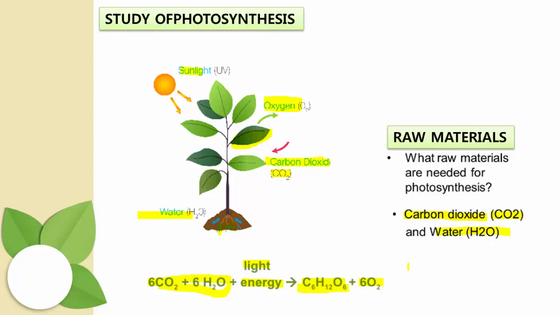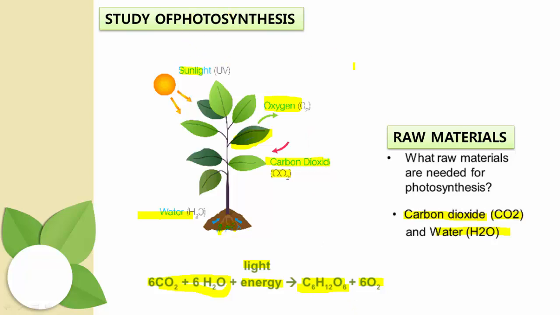The green plants, using carbon dioxide and water in the presence of sunlight, prepare the carbohydrates, and it is called photosynthesis. One more very important product of photosynthesis is oxygen.